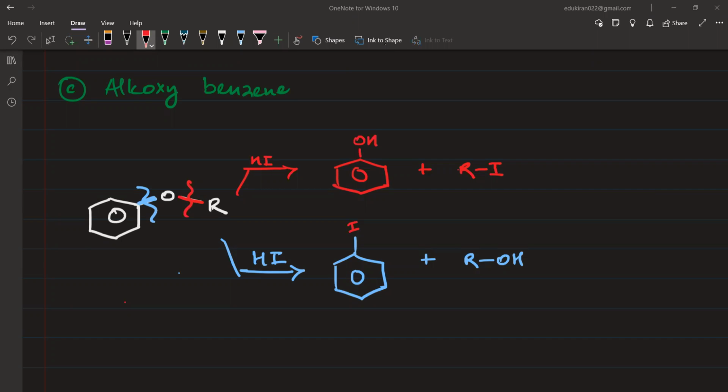I think that will be a better answer. Why is this bond strong? Here also there is a carbon-oxygen bond. What is this R? R is also just carbon atoms. You can have the CH3 here.